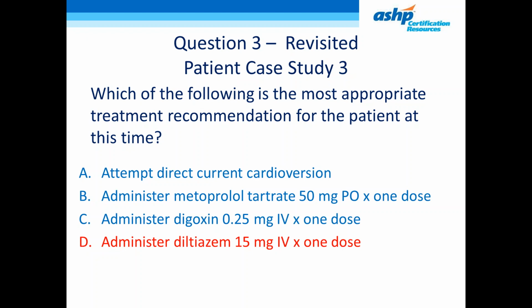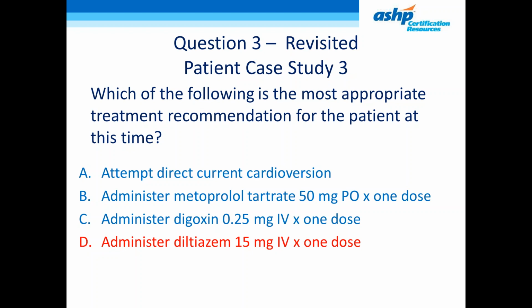It would be possible to use direct current cardioversion, but what we must consider is using direct current cardioversion in patients with atrial fibrillation increases their risk for stroke. So we would not use direct current cardioversion unless we are sure that we have mitigated the patient's risk for stroke or the patient is hemodynamically unstable and requires emergency intervention.